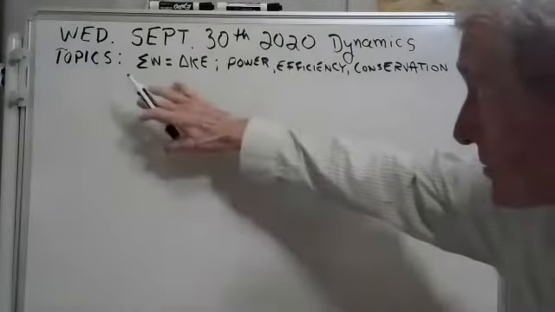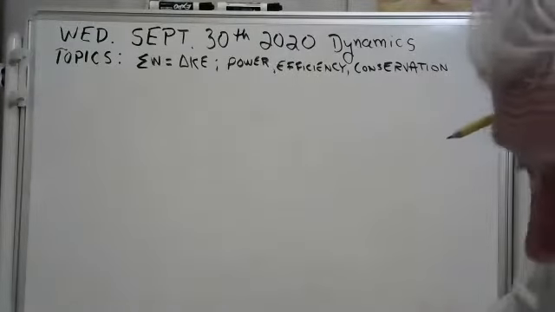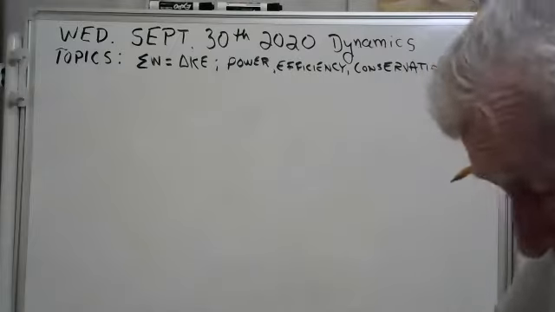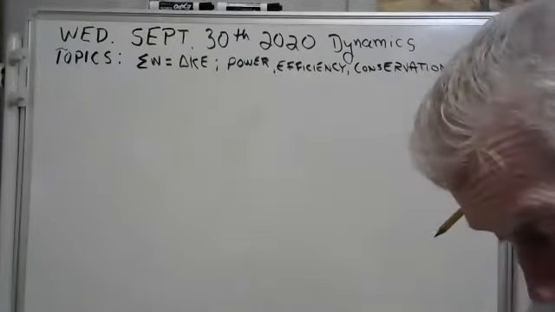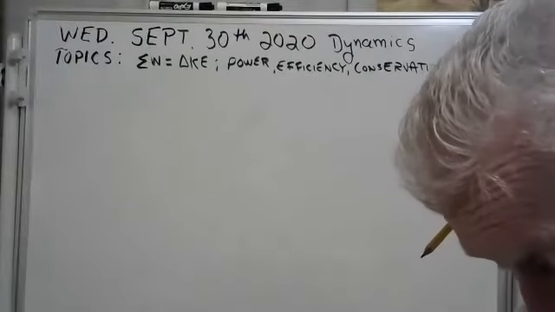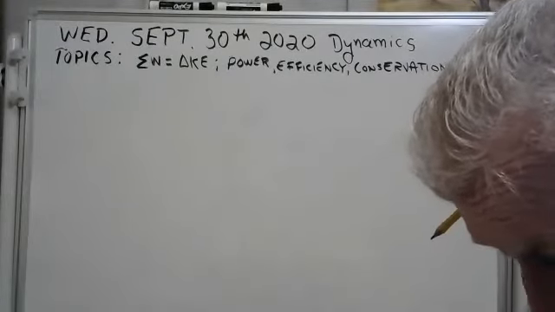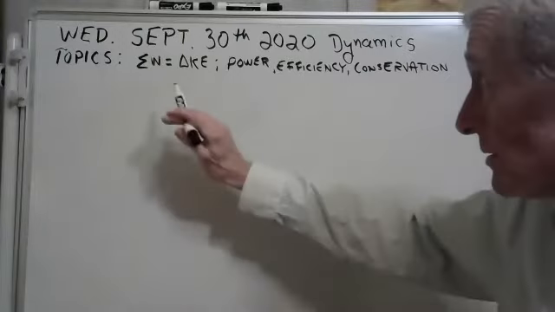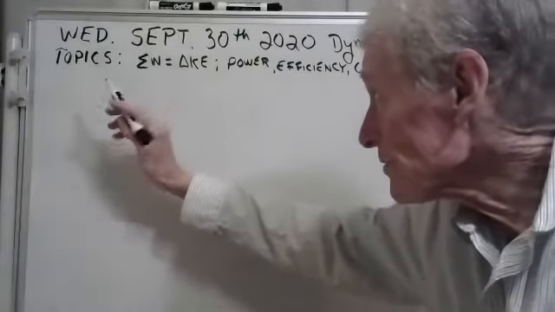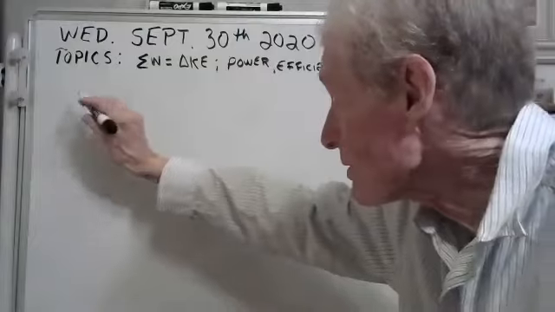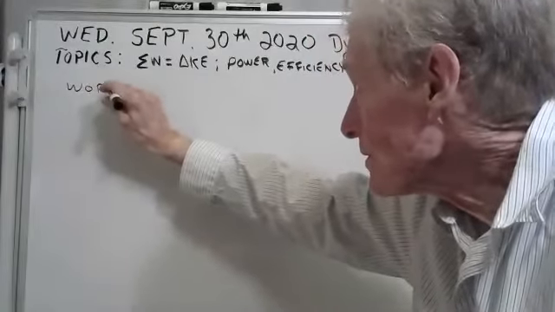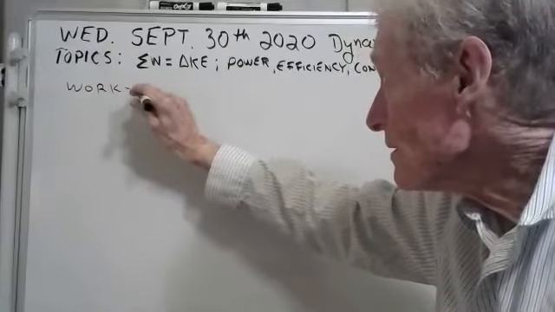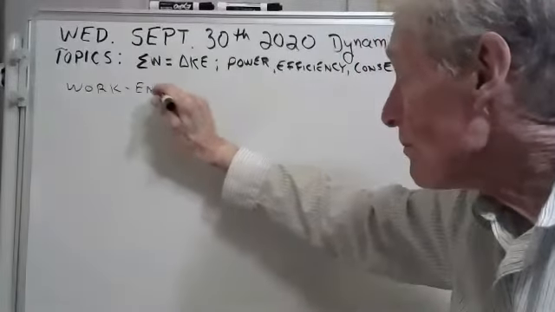Now, I think I've talked about this before, but I want to show you where it comes from. They actually derive it on page 184. I call this the work energy theorem. That's what I call it.